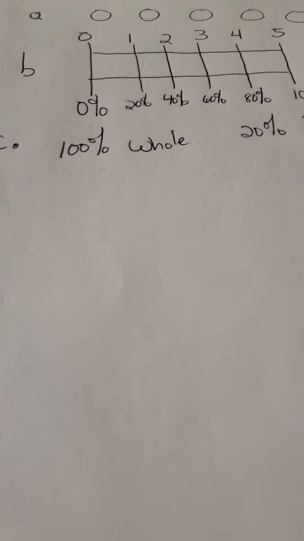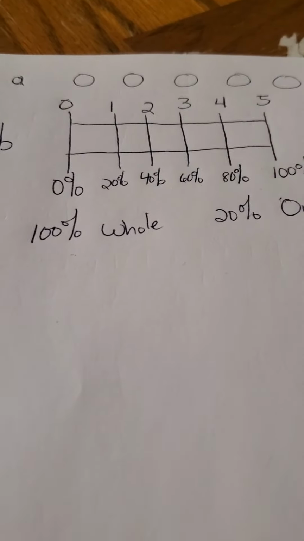It's the whole thing. And then for 1 ring, according to the table that we just made, 1 ring would be 20%. So let's say you lost one of the rings. You had 5 rings, you lost one. You would have lost 20% of your collection, and you still have 80% remaining. Okay, pretty straightforward with that.